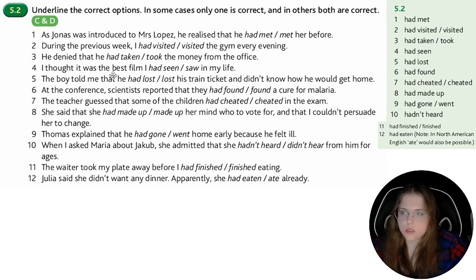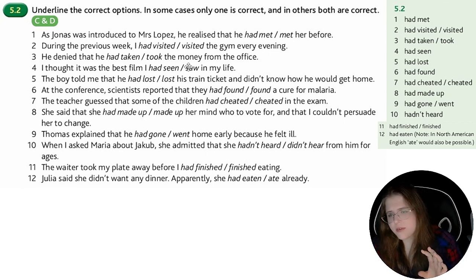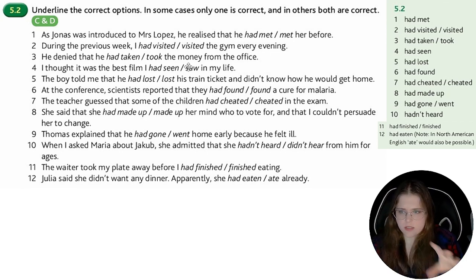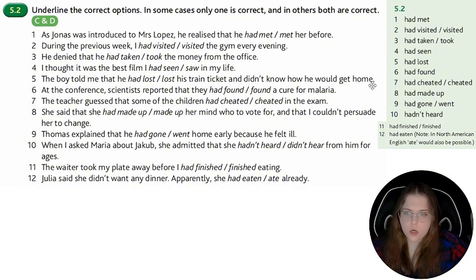I thought it was the best film I had seen in my life. It was the best film I had seen. It is the tastiest food I have ever tried. In these sentences, it is very usual to use past perfect. The boy told me that he had lost his train ticket and didn't know how he would get home.